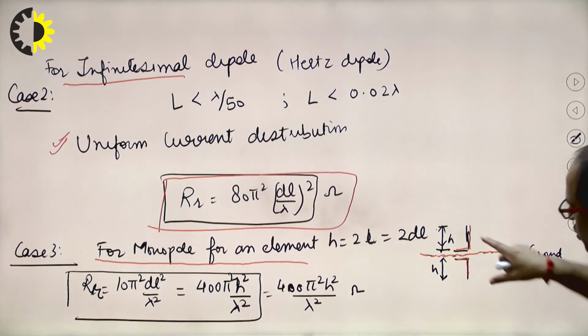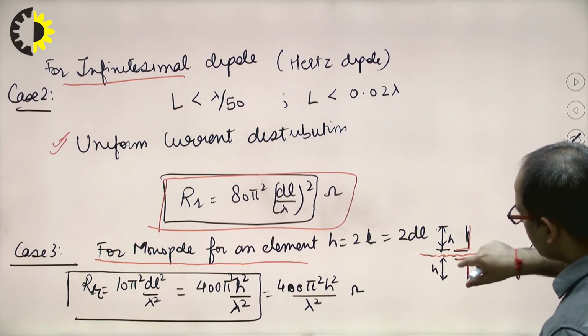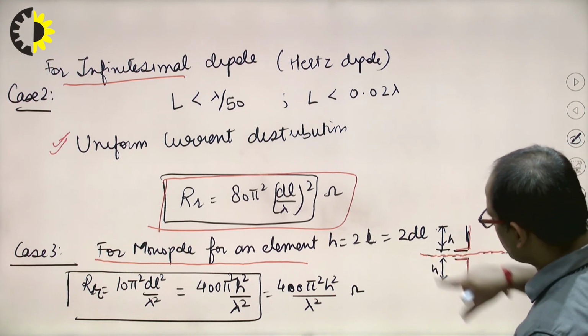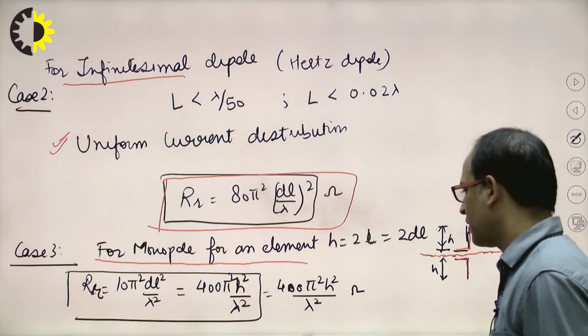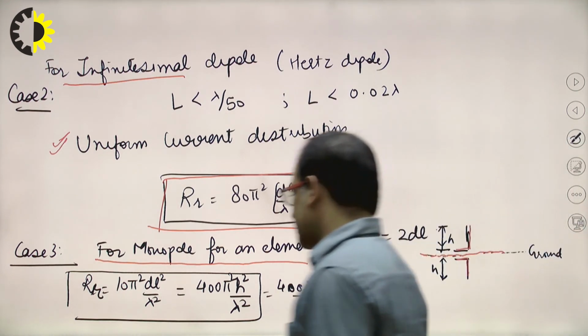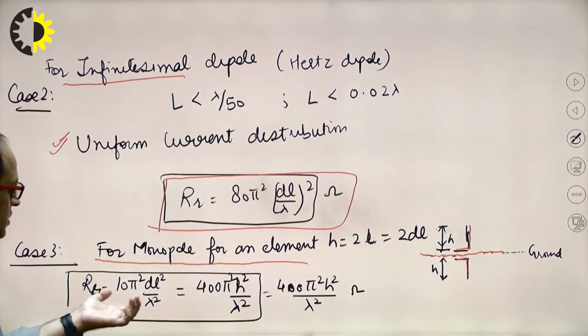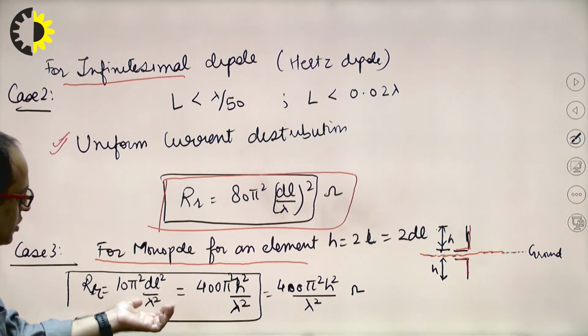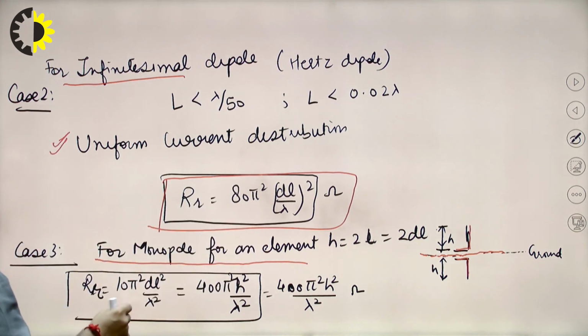So the total height of the antenna will be twice dl. Clear? In that case, radiation resistance equals 10 pi square dl square by lambda square. Just take 1/8 of this one.